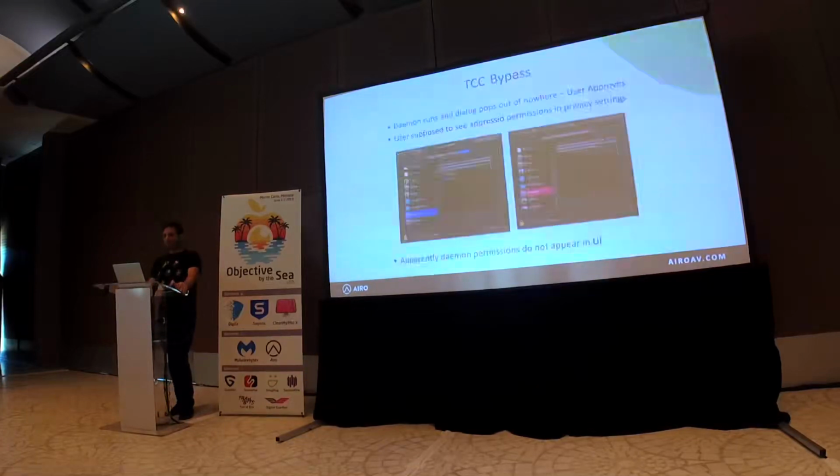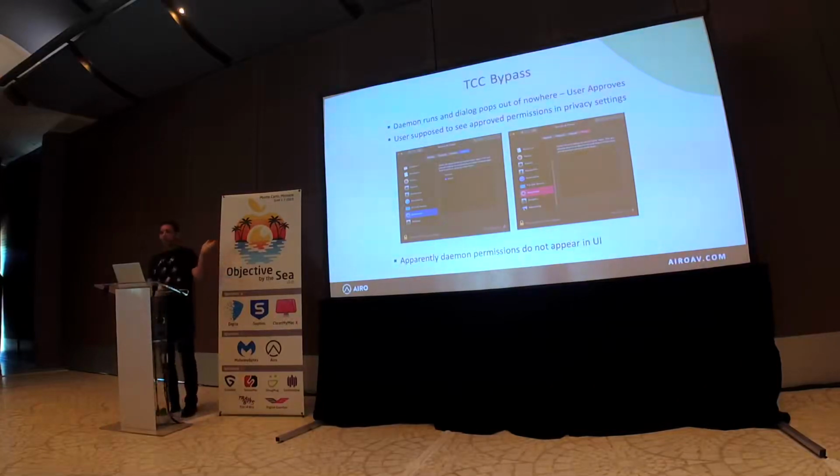Another cool feature: apparently when you run as a daemon, let's start with, when I approve an application, let's say in this example on the left, when I approve Terminal to control Safari, I will see it in the Security and Privacy settings.